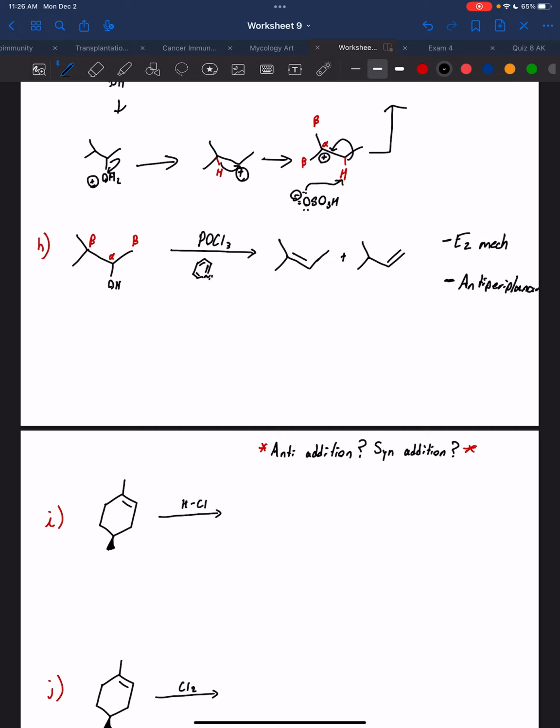Between the alpha and between the beta, and then obviously one of them is going to be major. It's the one that's more substituted. But that's how you pretty much identify what the products are fast. Identify alpha, identify beta, and do double bonds between alpha and beta. And that only works for E2 mechanisms because if there's an E1 mechanism, that's where you have to be a little bit more careful. Okay, let's begin with this.